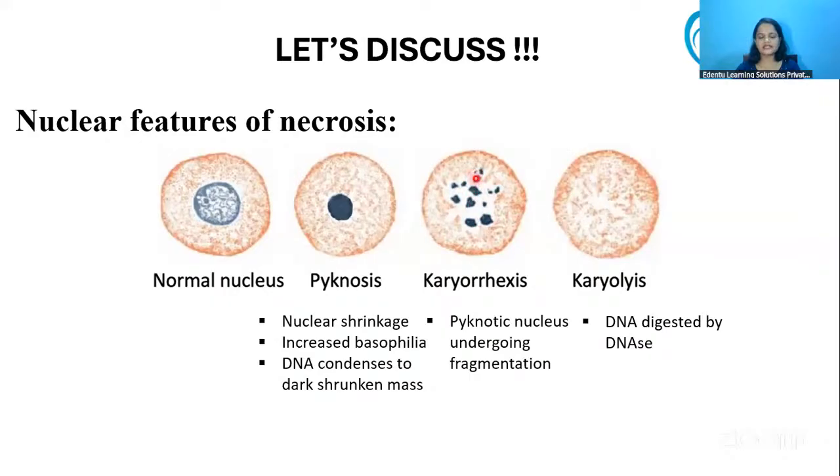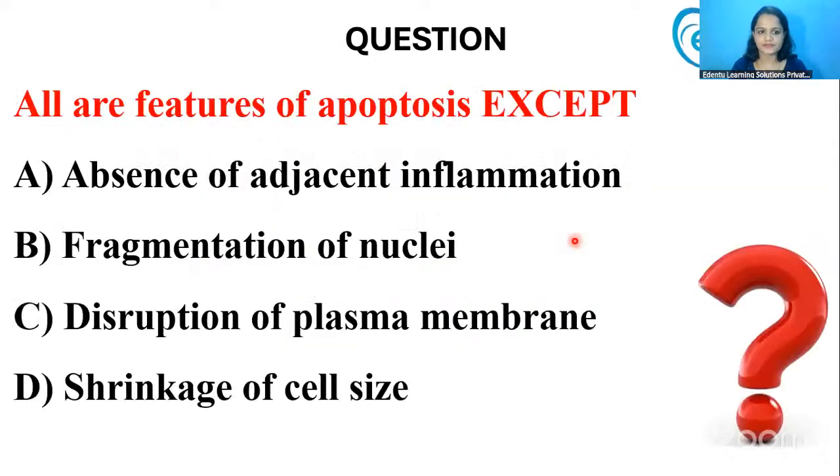Then the last stage is karyolysis. In karyolysis, all these fragmented particles are digested by DNase enzyme. So at the end stage, we will not be able to see any nucleus at all. These are the nuclear changes happening in necrosis.